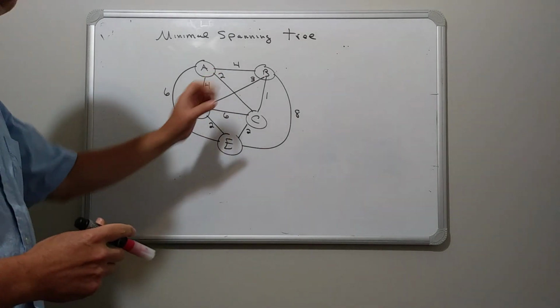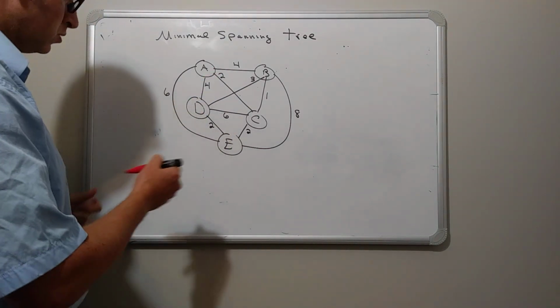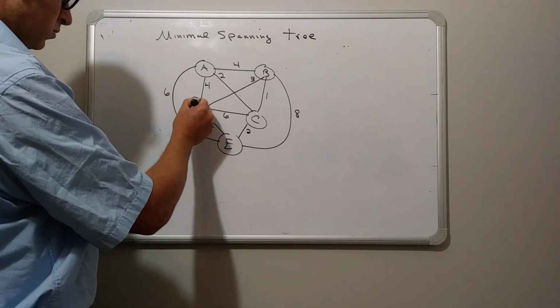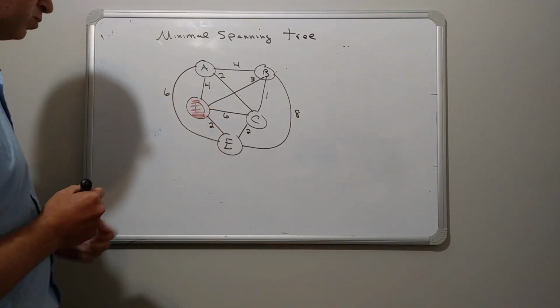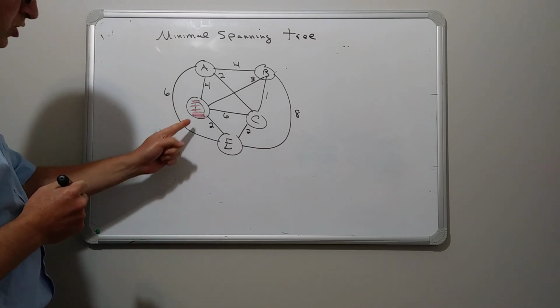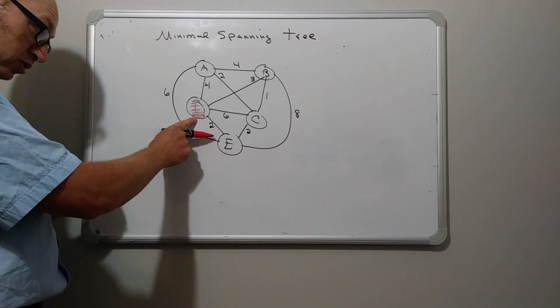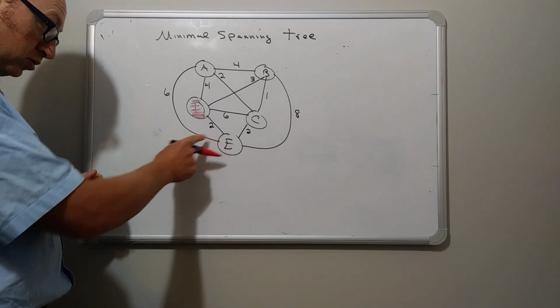Start with any node. Let's say node D, and shade it in. Okay, from node D, what is the nearest neighbor from a shaded to an unshaded?